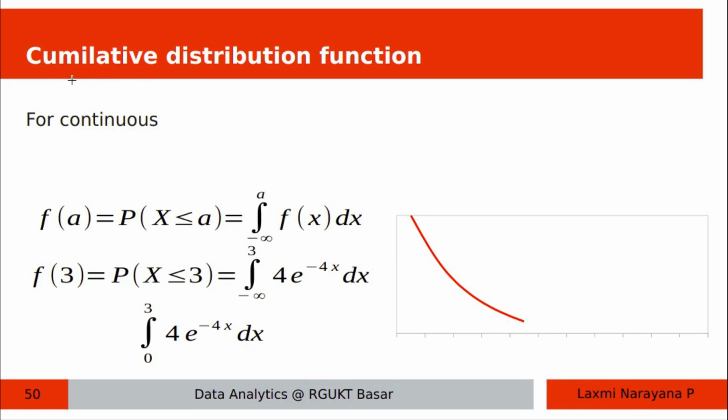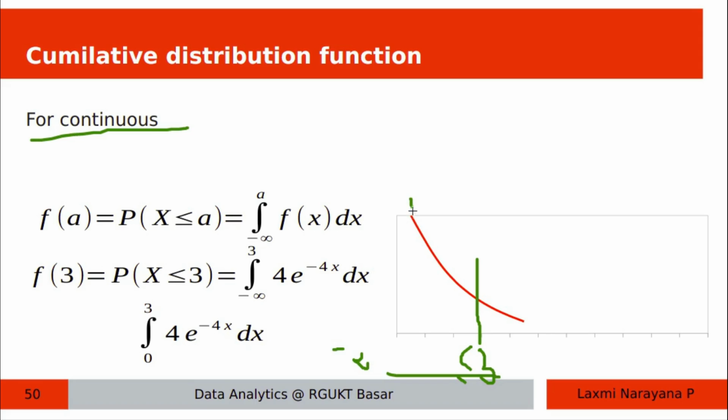Let's see the cumulative distribution function for a continuous random variable. If some random variable is following this distribution and you want to calculate the CDF, then you have to integrate that curve from minus infinity to, suppose we want to calculate less than or equal to 3, then you integrate from minus infinity to this 3.